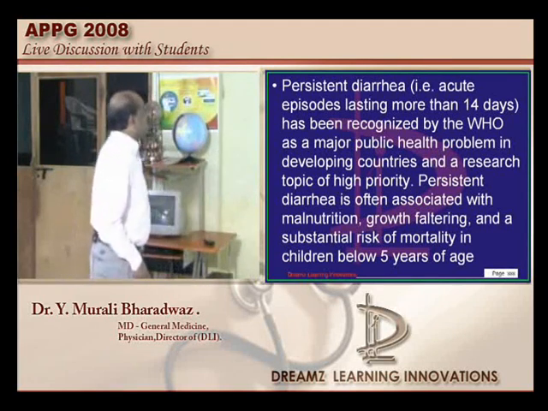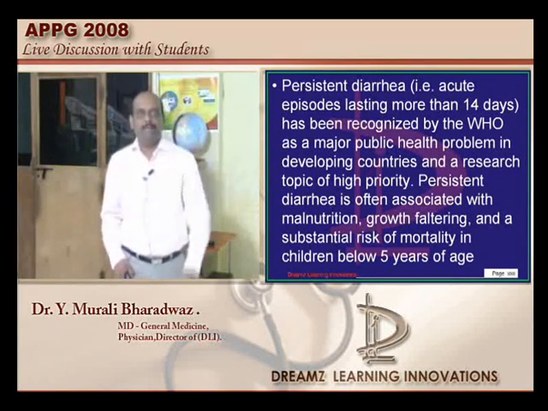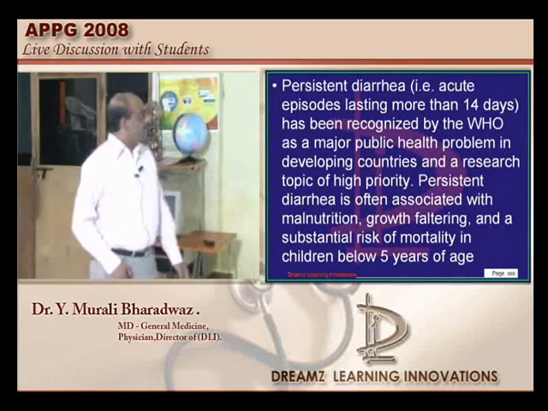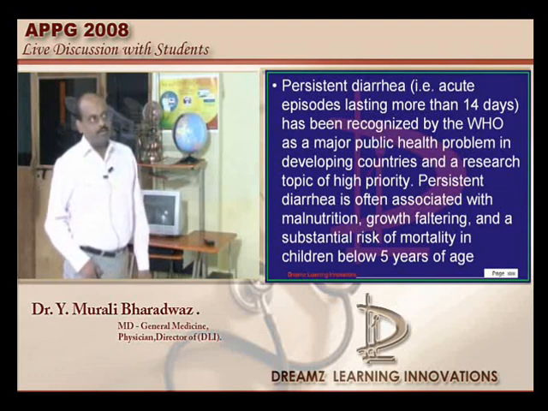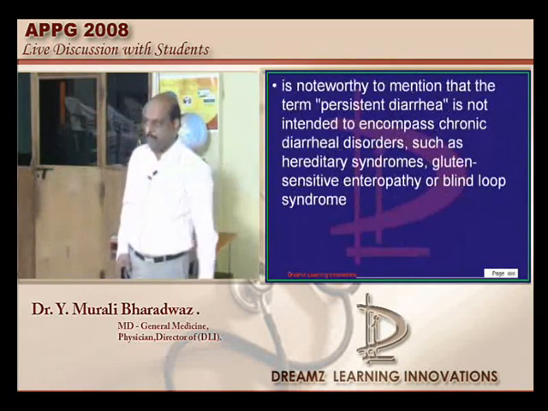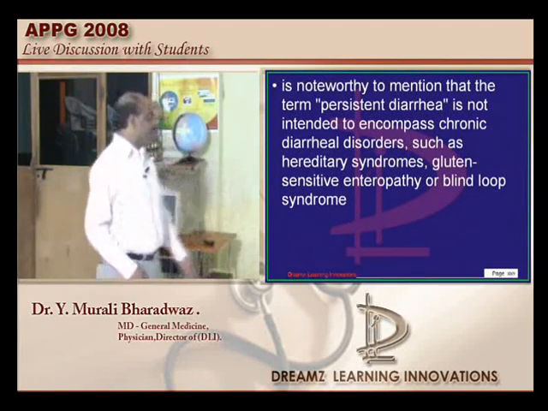There was one landmark paper published in the Pediatric Clinics. A study was done in India, Peru and Bangladesh to know the etiological agents responsible for persistent diarrhea in infants.